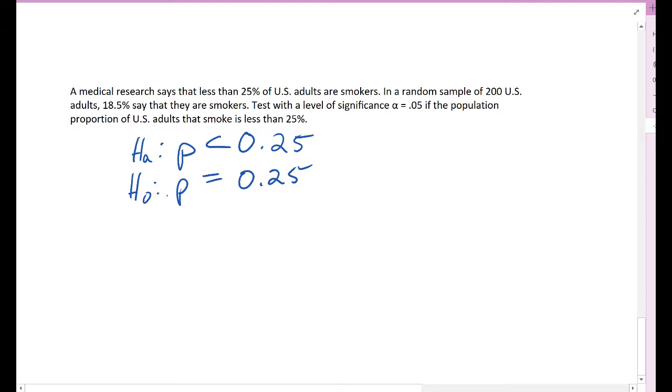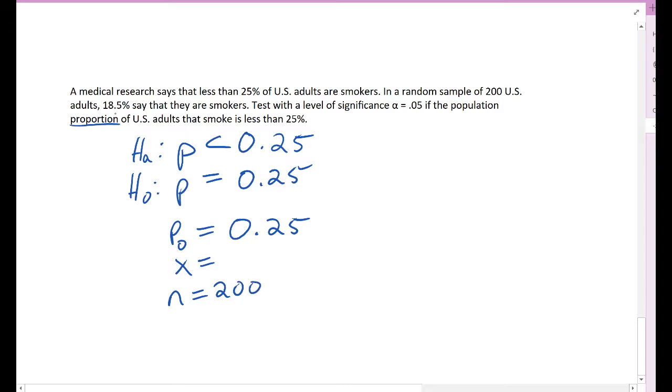All right. We know we're going to do a one prop z-test because we're testing a proportion, and there's just one sample, one survey here. We know that p naught comes from the hypothesis, so it's going to be a 0.25. We don't know the x directly. We'll come to that in a second, but we know n, our sample size, was 200.